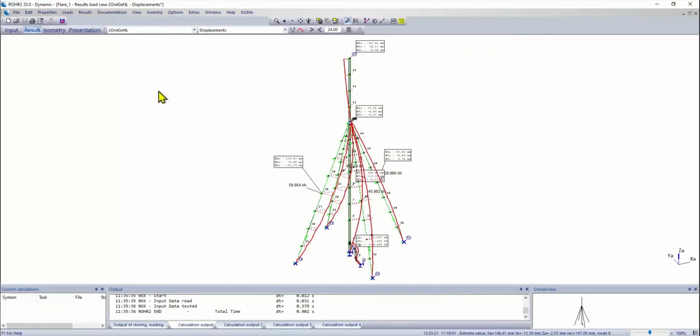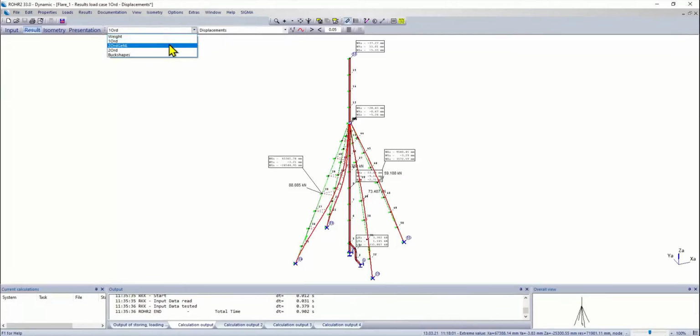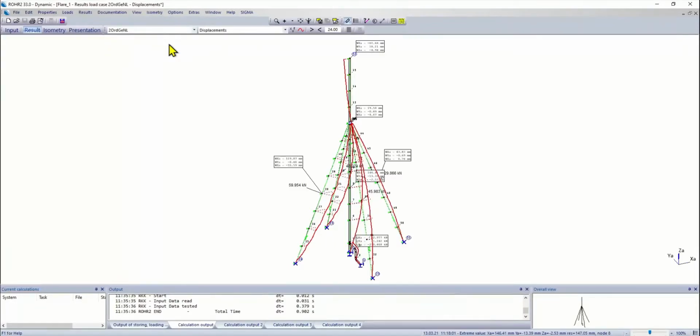By the way, if you look at the difference between this first order and the second order deflection, this is a situation where it's very difficult to obtain convergence, because there is so little initial stiffness due to bending, and practically the total stiffness comes from second order effect.